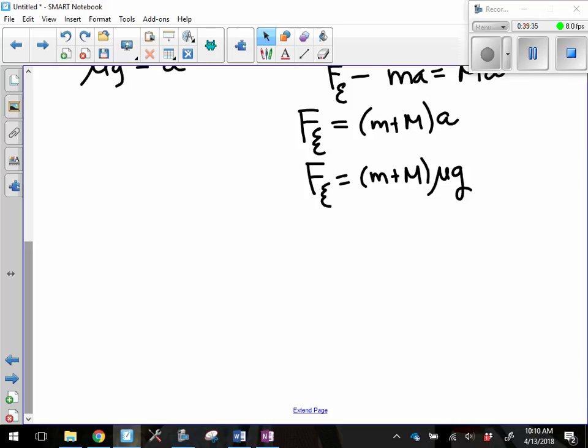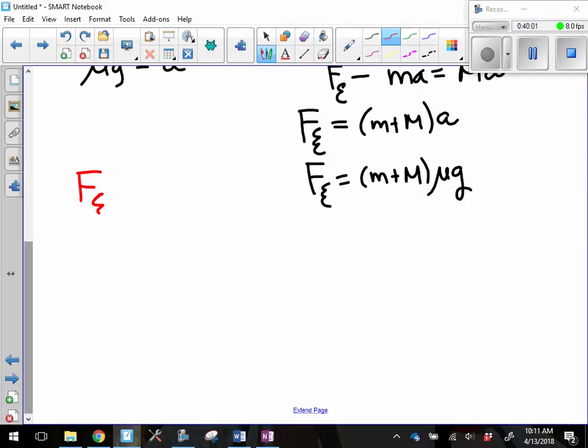So if I want this to work for the whole time that my two objects are moving back and forth, okay, my big M and my little m, where's the force going to be the biggest? When x is equal to what?